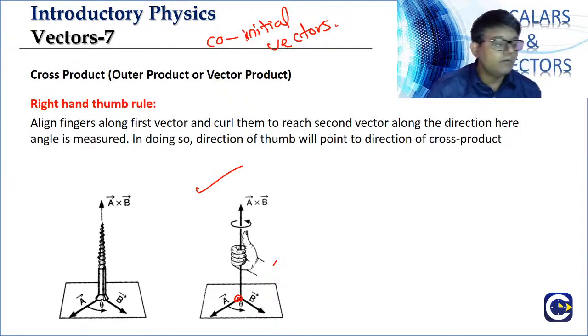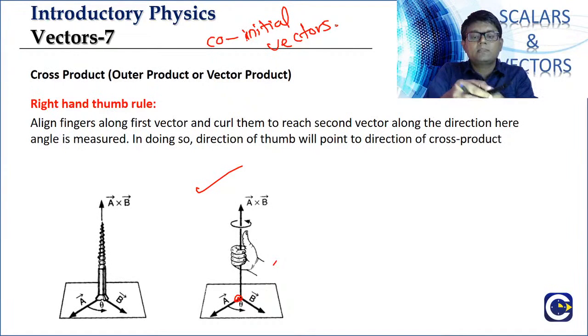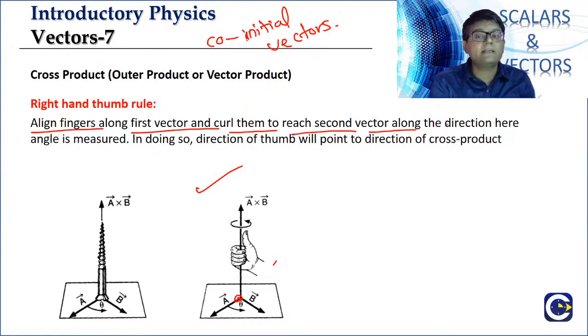Let us say this is A bar and this is B bar. Read the point here: align fingers along the first vector, curl them to reach the second vector, along the direction the angle is measured.